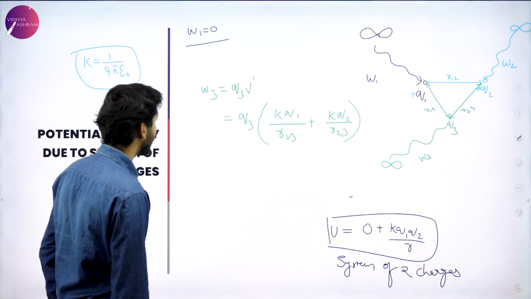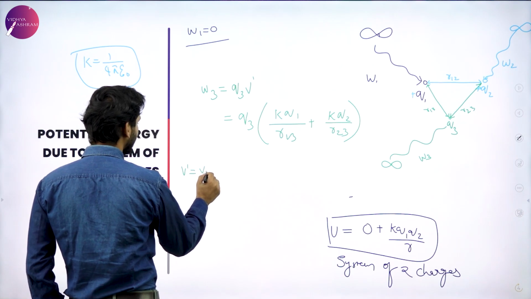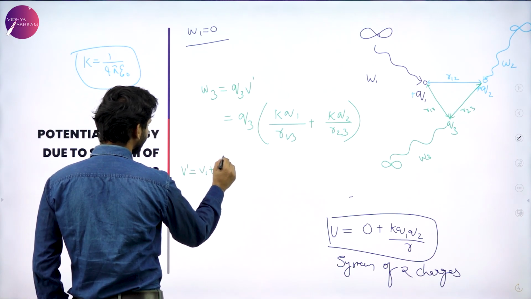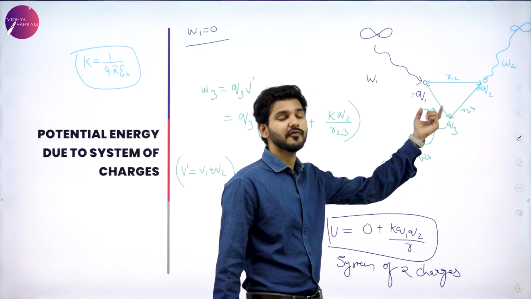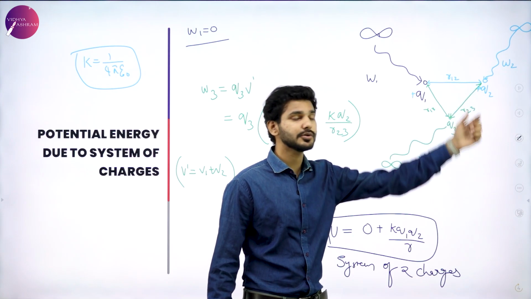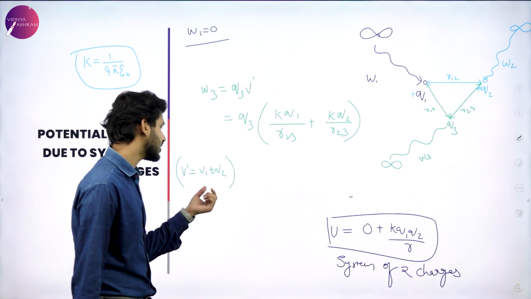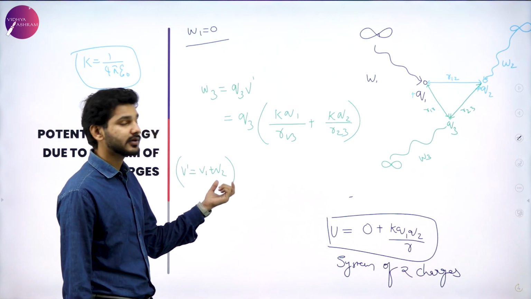We already know that V dash is equal to V1 plus V2. The potential experienced at this particular point will be equal to the sum of the potential due to Q1 and the potential due to Q2, which are denoted by V1 and V2. So we can directly write it as V1 plus V2.